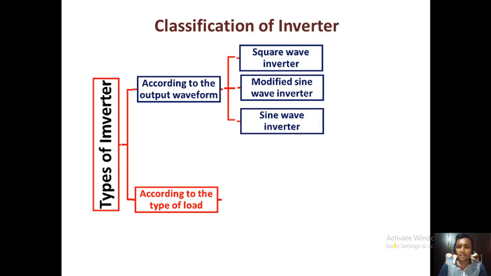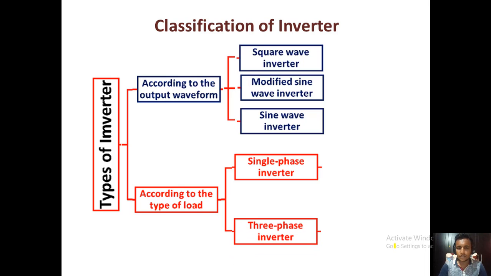Then sine wave inverters. So according to the output waveform, it can be classified as square wave, modified sine wave and sine wave inverters. Now according to the type of load, it can be classified in two ways. A load may be single phase or three phase, so it can be classified as a single phase inverter or a three phase inverter.